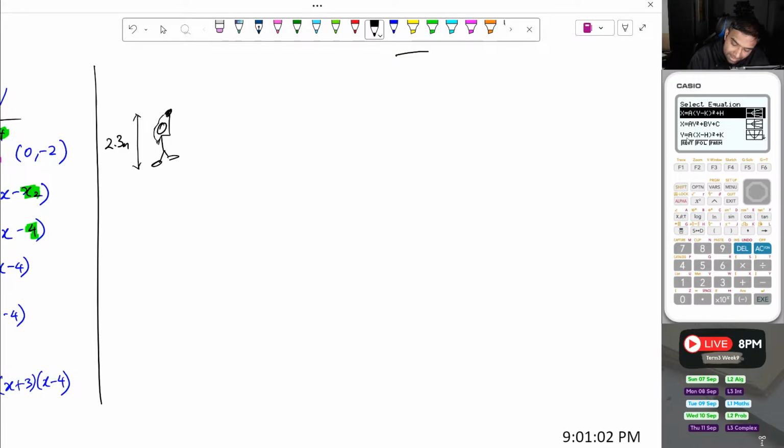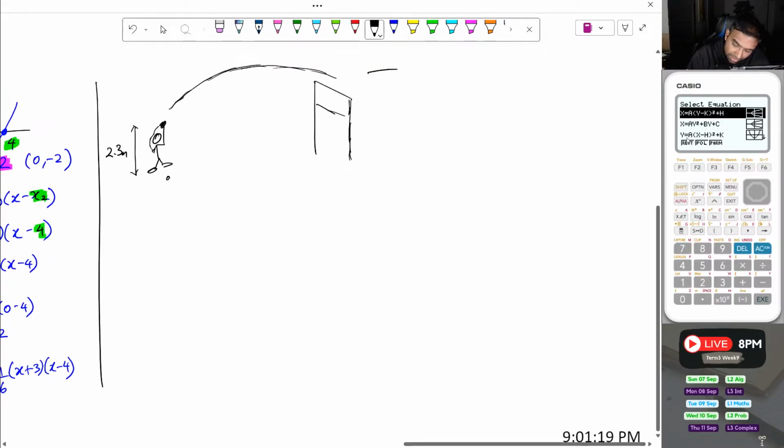And there's a net. What he's going to do is throw it, but unfortunately it starts coming like this. Let's say from here to here is 2 meters, with a maximum height of 4 meters.